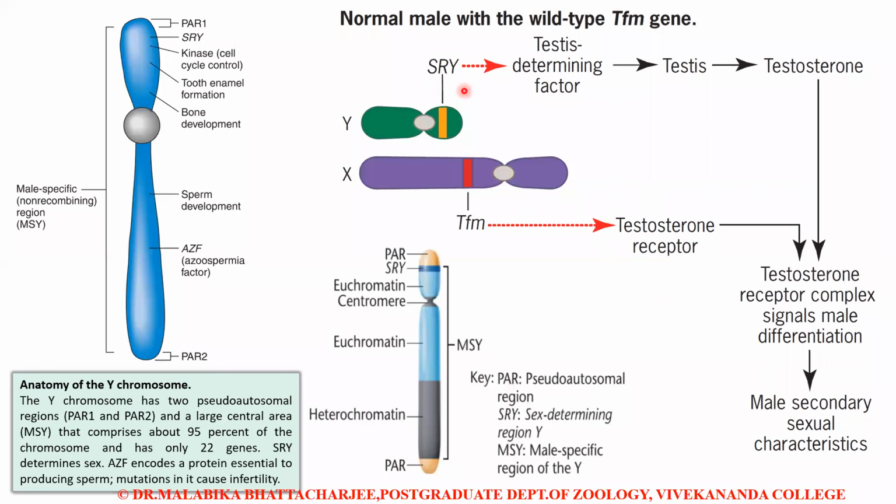This protein is called testis determining factor. Now, as I had said in the earlier slide, the testis determining factor is believed to function as a transcription factor. So this is actually a transcription factor. It's a DNA binding protein that interacts directly with regulatory sequences of other genes to stimulate their expression.